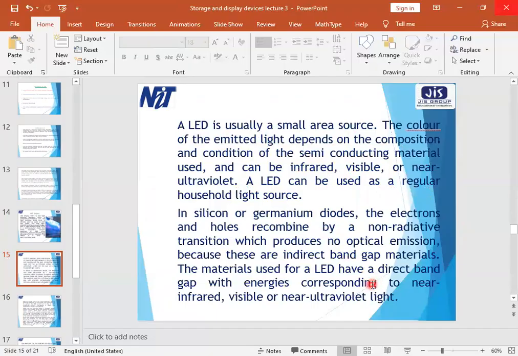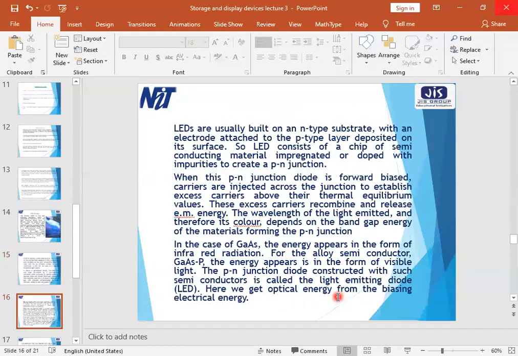In silicon or germanium diodes, the electrons and holes recombine by a non-radiative transition, which produces no optical emission. So no display will be seen because their band gap is indirect. But if we take a material whose band gap is direct, then we will see the infrared, visible, or near ultraviolet light sensation.